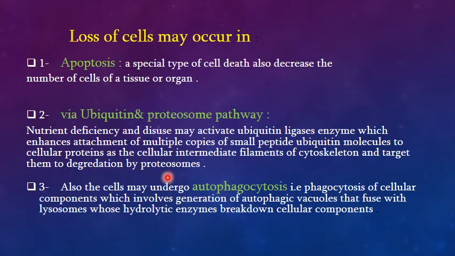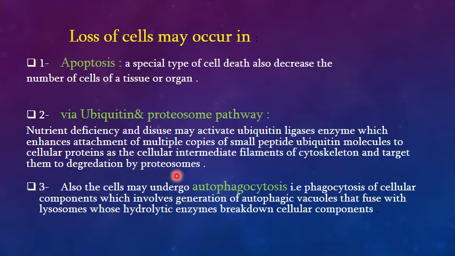They increase the attachment of the peptide ubiquitin molecule to the protein, such as the cellular intermediate filament of the cytoskeleton, and make the protein degrade by the proteasome. It is as if you give the protein a code in order to be targeted by the proteasome to degrade them.